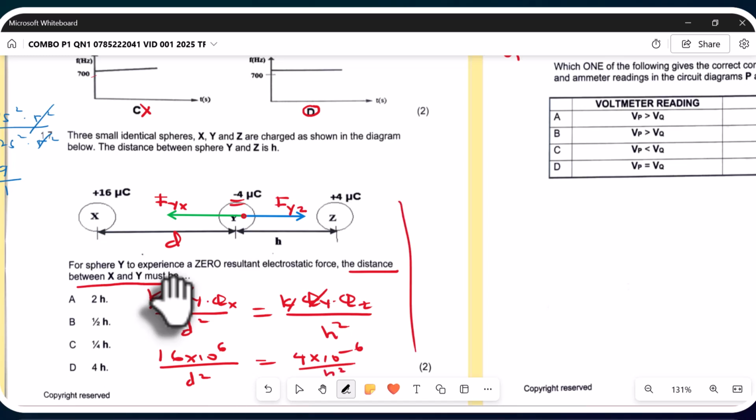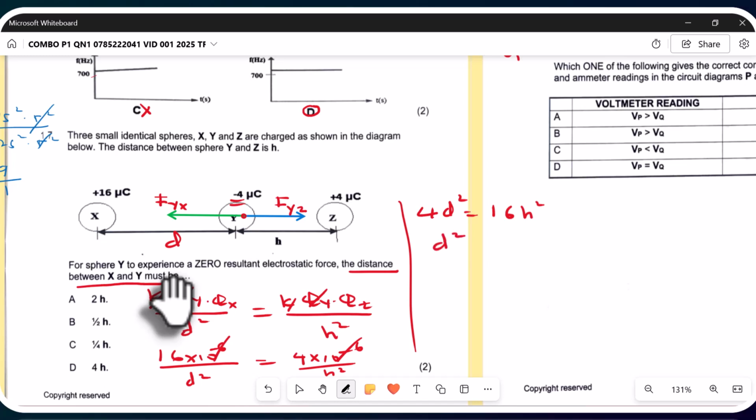I'm looking for d, so dividing by 4, I get d squared equals 4h squared. Then taking the square root, I get my answer for the distance d as 2h. So for that matter, our answer here is A. Hope we are together, guys. Let us proceed. Next question here, multiple choice, Eastern Cape.